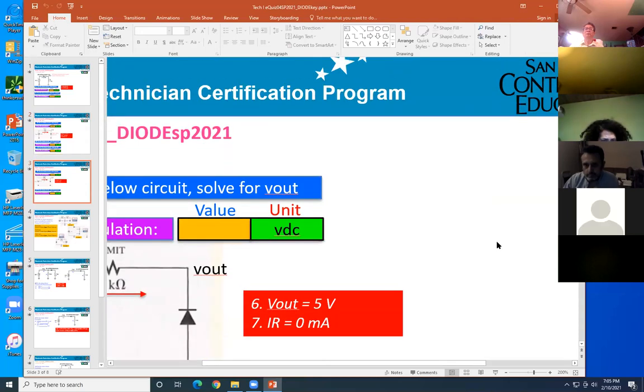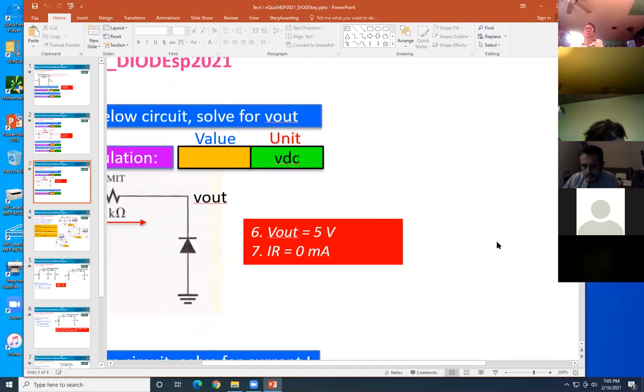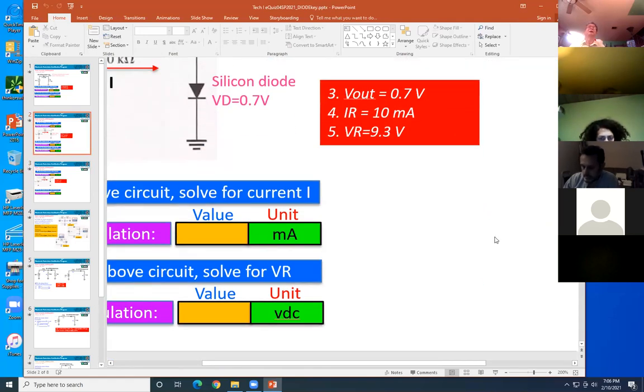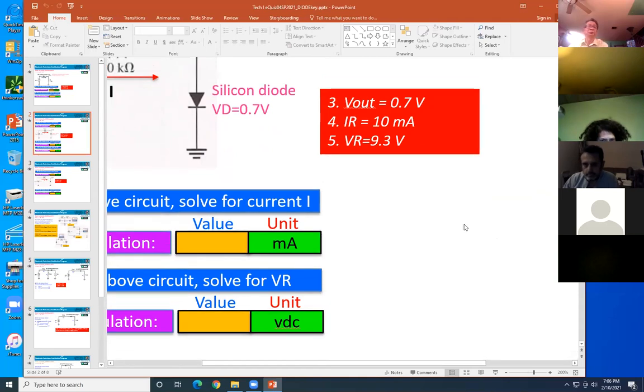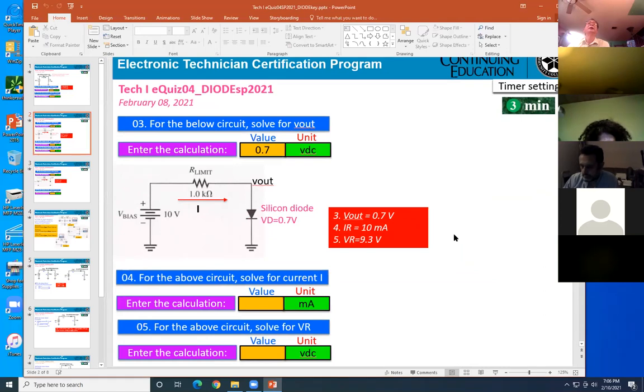Mr. Pham, on that number 4, shouldn't it be 9.3 milliamp instead of 10? Let's see. Number 4, they want to calculate the current through the R, right? Okay, you're correct. That's 9.3.